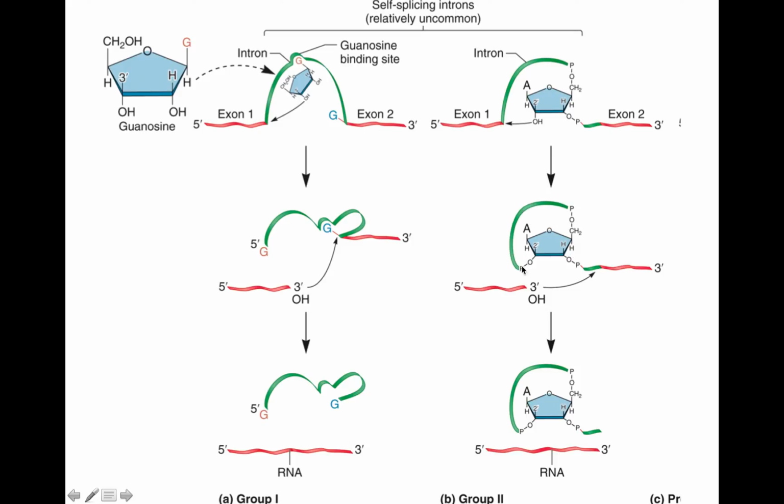There's actually a circular structure here where this adenine has its normal 5', 3' phosphodiester bond, but it also has its 2' carbon associated with another nucleotide. Once that happens, this 3' end attacks the 3' end of the intron here, and the whole intron is released. And this can happen all by itself without any associated proteins in certain single-celled organisms, eukaryotes nonetheless.